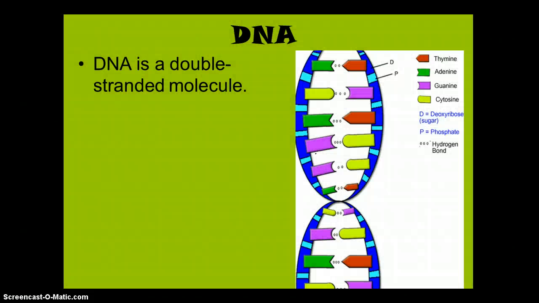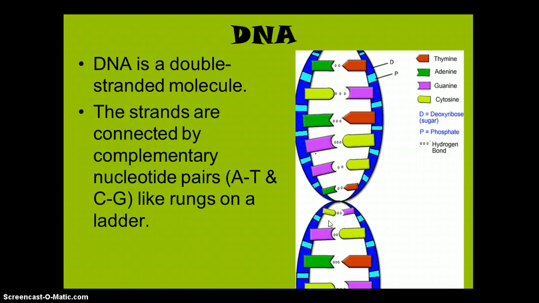So DNA is a double-stranded molecule, and you should know that by now. We have one strand bonded to another strand. The strands are connected by complementary nucleotide pairs, and all that means is adenine bonds with thymine and cytosine bonds with guanine. And they have the backbone, or the sides of the ladder, that are made up of deoxyribose and phosphate groups.